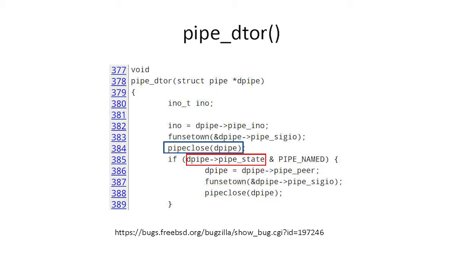And then in the next line, you will see it uses the dpipe field, pipe state, and does something. So this is a use-after-free bug in the FreeBSD system. It has existed for a very long time, I think many years. So I reported the bug, and this has already been corrected in the current FreeBSD system.